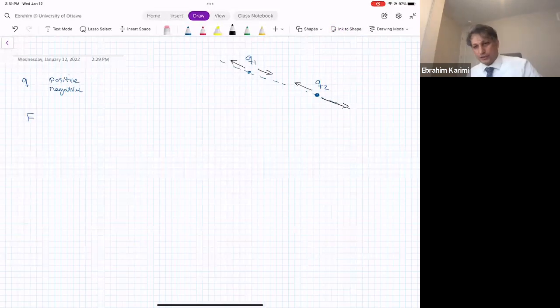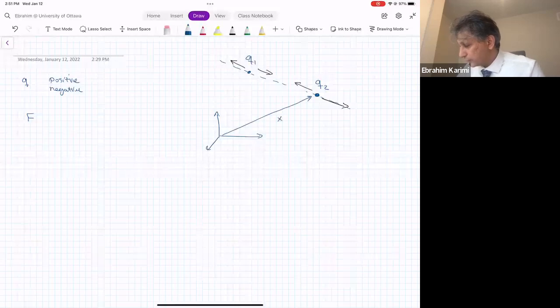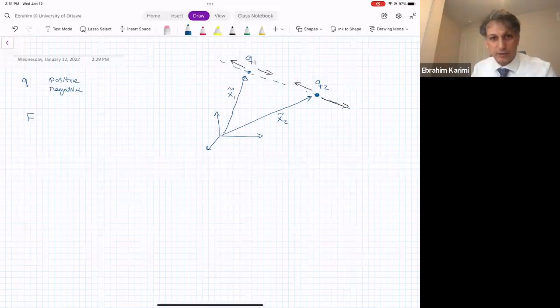And for my notation, I choose a coordinate, where I will show that this point is given by x2, and this one is given by x1. So the charge Q1 is located in position x1, and the charge 2 is located in the position of x2.